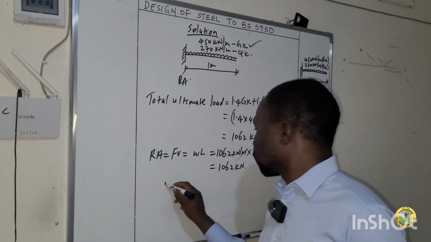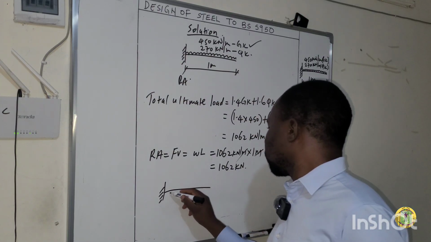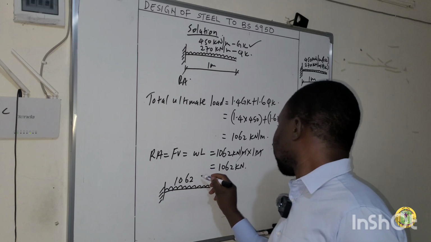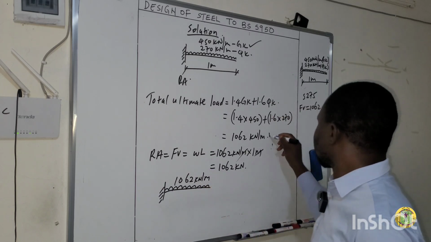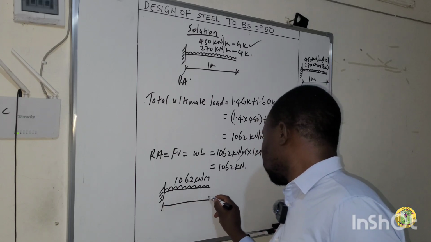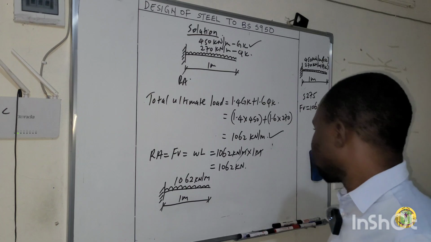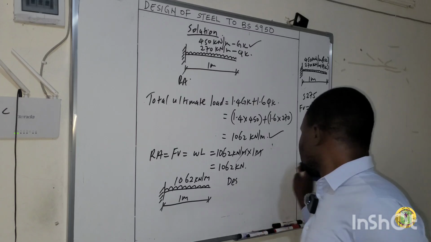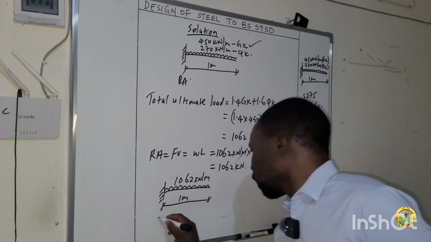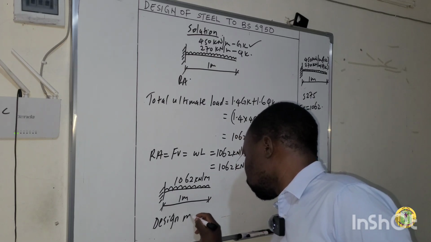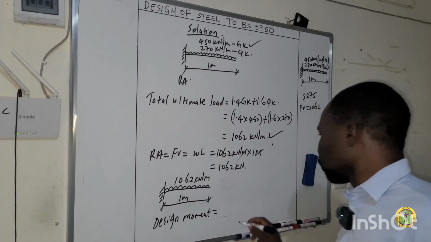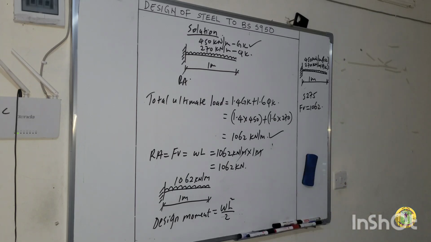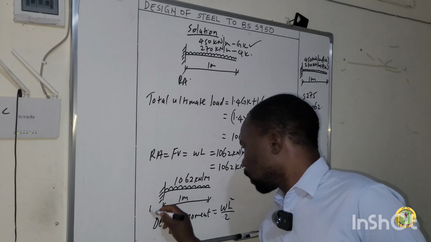If this is the beam, and this is the loading, 1062 kilonewton per meter, and from here to here is 1 meter, then the maximum or the design moment is equal to WL square over 2, because the design moment will be the maximum moment at support A.